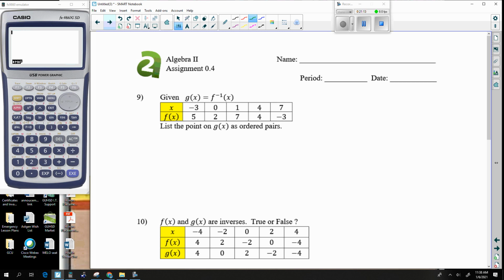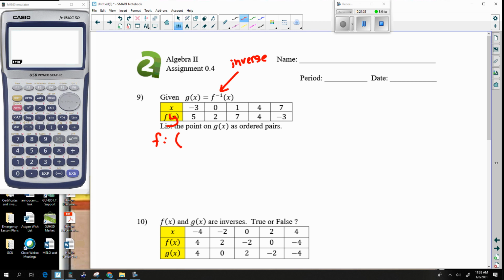Okay. It says that given that g of x is, again, this means the inverse of f of x. So g of x is the inverse of f of x. So right now, let's take a look. f of x is a coordinate y.